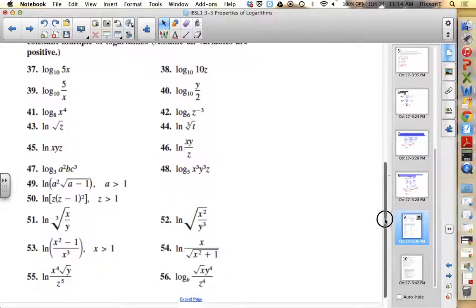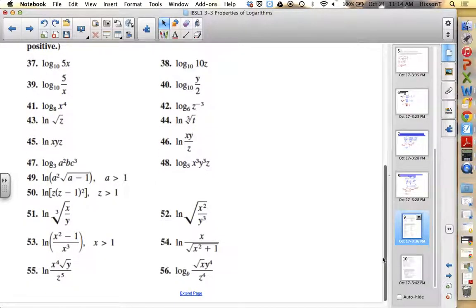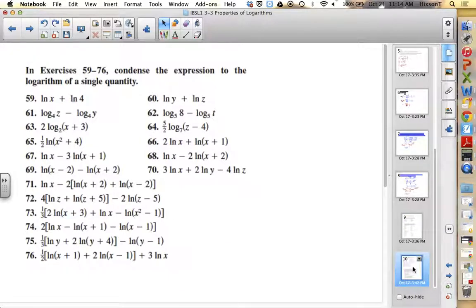Here, 37 through 56, all of those, you're expanding those to multiple logarithms. On 59 to 76, you're condensing them down to one logarithm. So again, maybe do all the odds. If you get all those right, then don't do the evens.